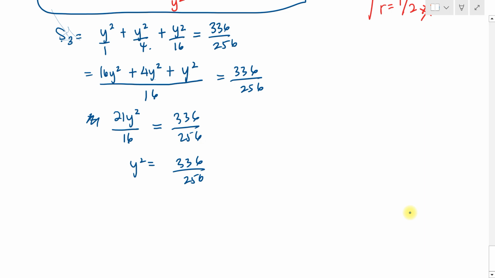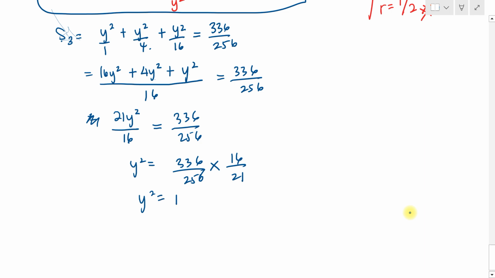So y square equals 336 over 256. You take out 21 over 16 and divide there. Divide becomes multiply and flip. Right, guys? So what do you get here? 336 times 16 over 256 times 21. I'm getting 1.